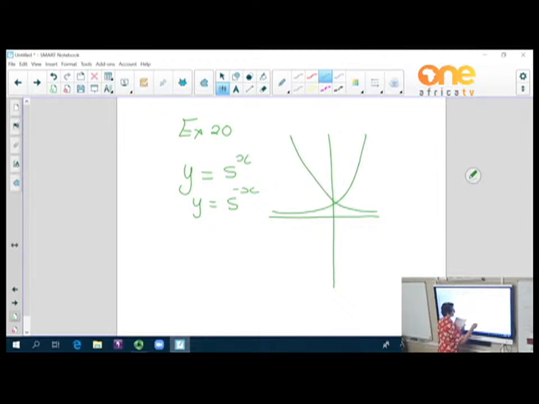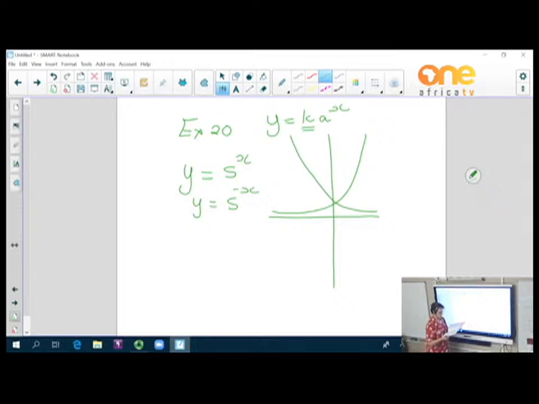There's the reflection in the y-axis, but this constant in front just changes the shape. So that k, we said this is y is equal to k(a)^x. This constant k, that initial value, changed the shape a little bit, but it still looks very similar to the previous ones.